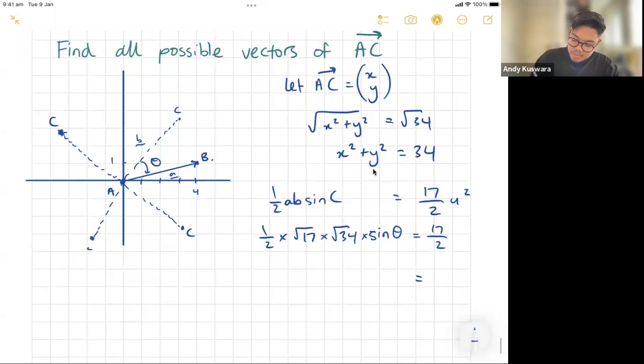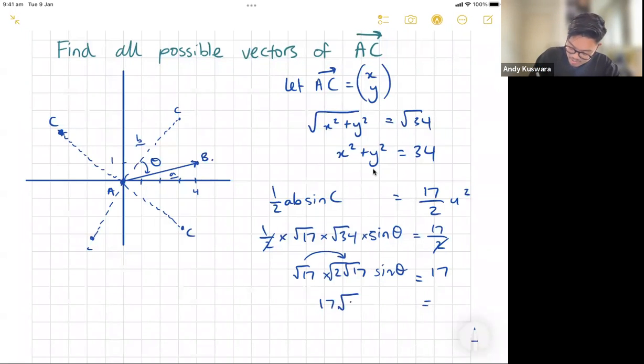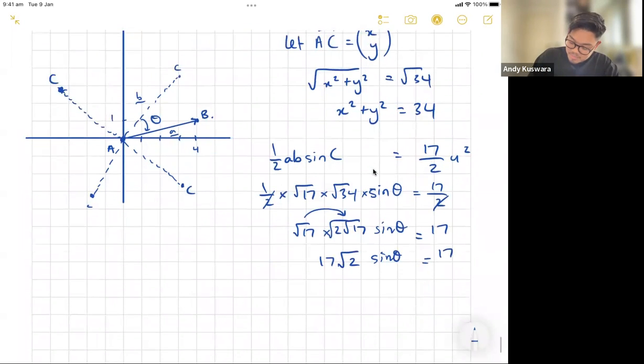Okay, now let's continue going here. I can times 2 to both sides, and I'm going to rewrite some of these. Root 17 times 2, or root 2 root 17, sine theta equals 17. Root 17 times root 17 is 17 root 2, sine theta equals 17.